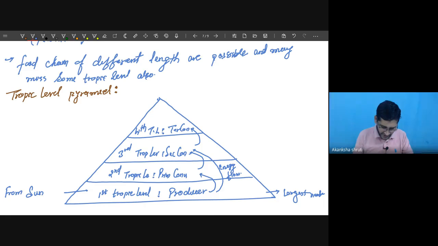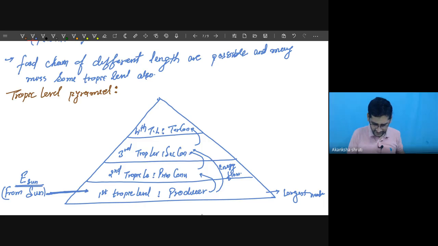If you consider the total energy from the sun as E sun, then it is found that only 1% of the energy reaching the earth from the sun is able to be absorbed or fixed by the primary producer.